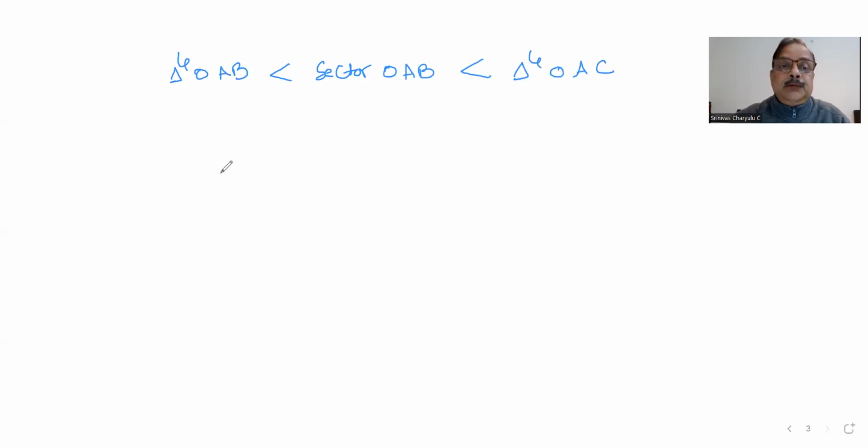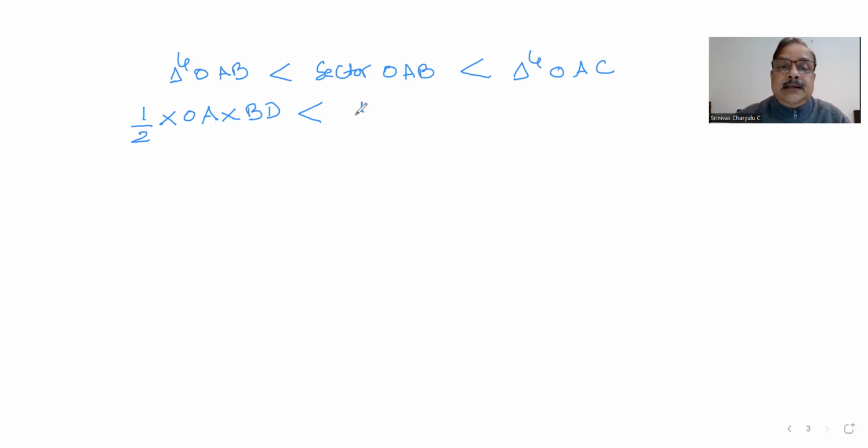Okay. Now, triangle OAB, if you see the previous page, you can very clearly say that area of a triangle is half into base into height, half into OA into BD. BD is called as the perpendicular we have drawn, which is nothing but altitude. So for this OAB triangle, OA forms the base, BD forms the perpendicular.